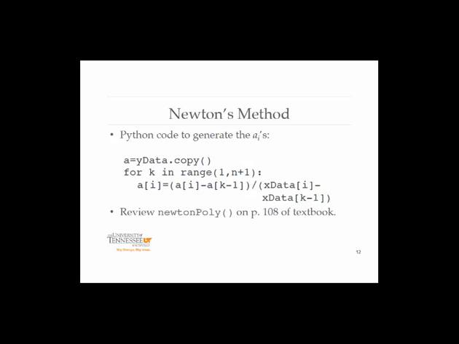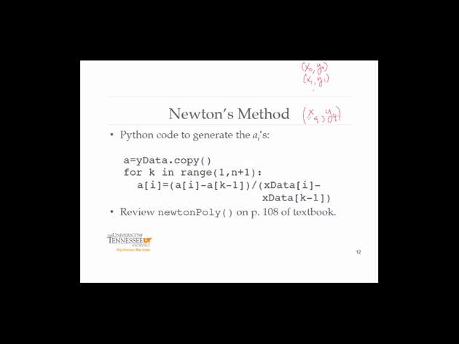So we'll look at the case where we have, let's say, 5 data points, x0, y0 through, let's go ahead and write that. Let's suppose we have the data x0, y0, x1, y1, and this continues all the way up through, let's say, x4, y4.